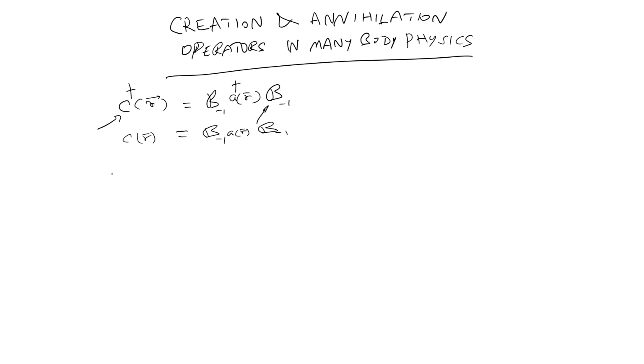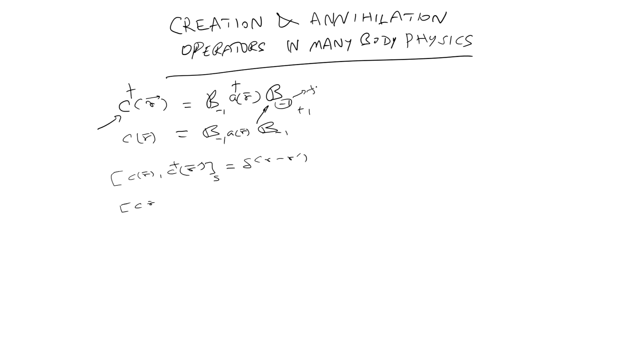So, the whole idea was to then show that C of R acting with A gives the anti-commutator equal to delta. These are called canonical commutation rules of bosons or fermions. This is for fermions. If this was plus 1, it would be boson.